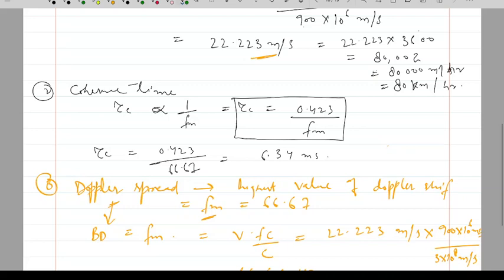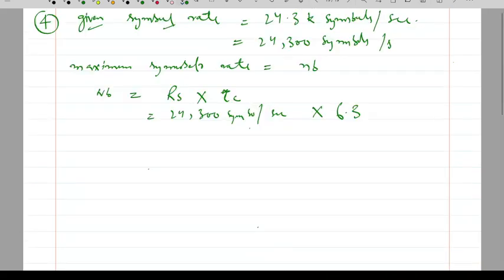So 6.34 millisecond. If we convert this millisecond into seconds, that is 0.00634. So this is 24,300 multiplied by 0.00634.